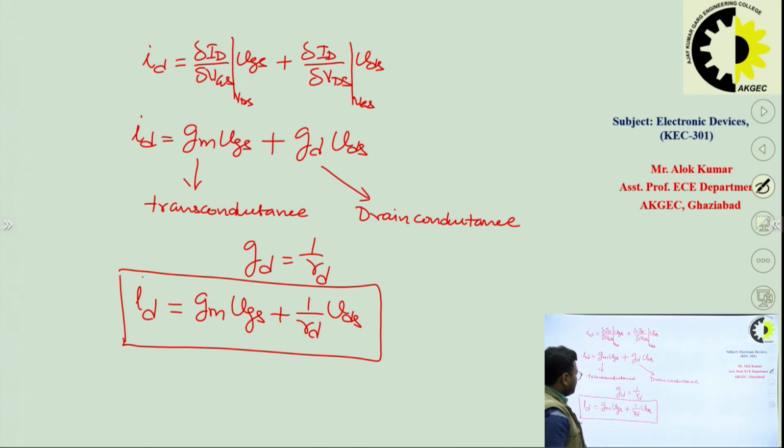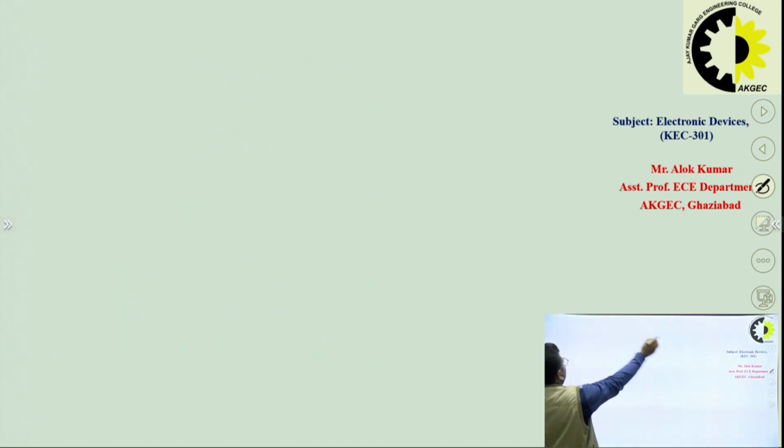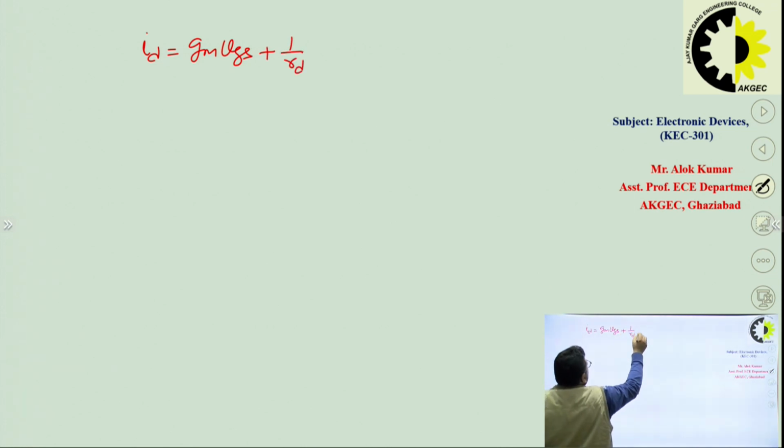Now using this equation we can draw the equivalent circuit. If I again write the equation we obtained, ID is equal to GM into VGS plus 1 upon RD into VDS, then the equivalent circuit should be something like this.